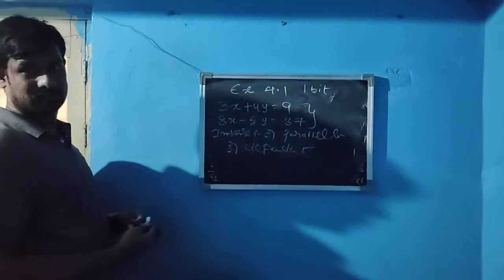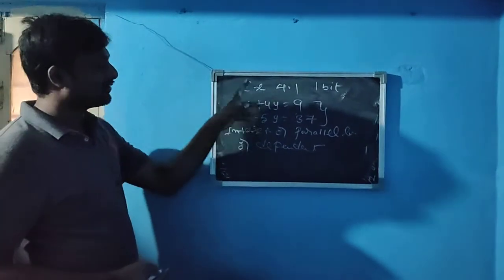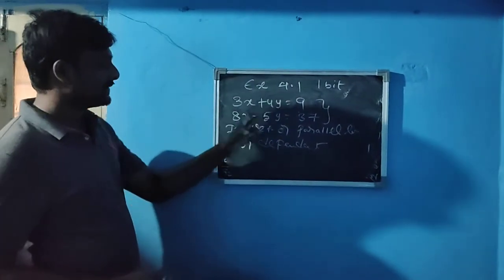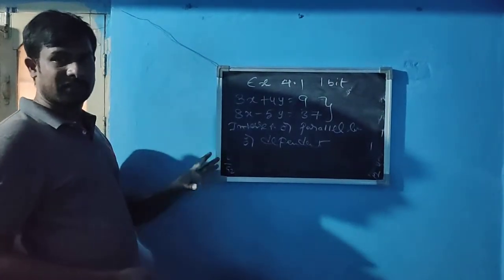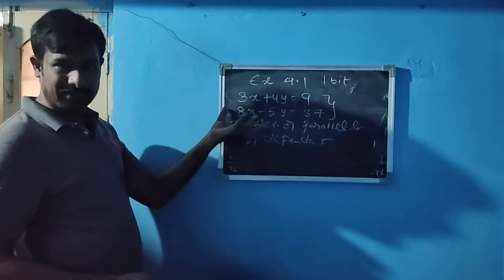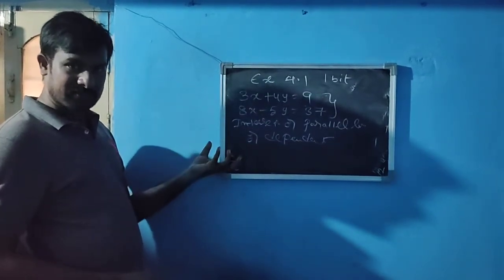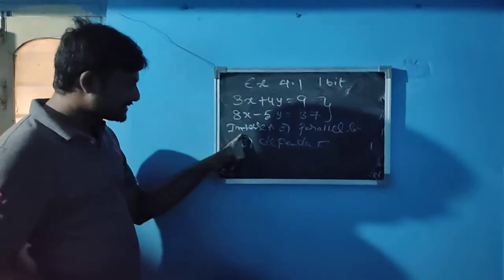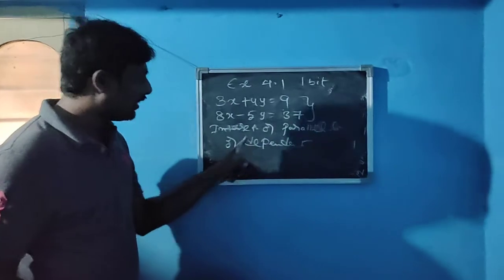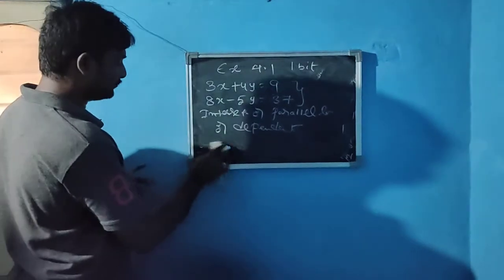How to find? One more time repeating the question. 3x plus 4y is equal to 9 is given. 8x minus 5y is equal to 37. These are called a pair of linear equations, two variables. You know that already. Before, I already explained how to write the pair of linear equations. In this pair, do these lines represent intersecting lines or parallel lines or dependent lines? How to find? So we'll clarify now.